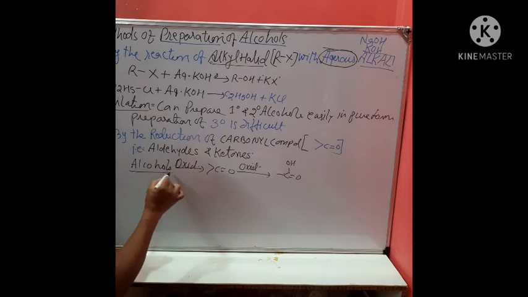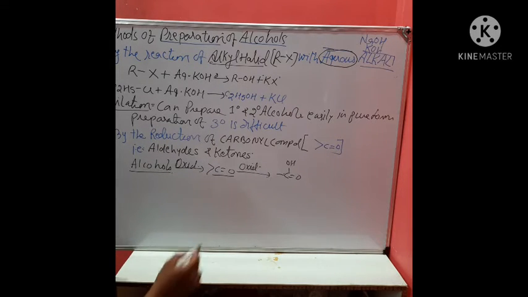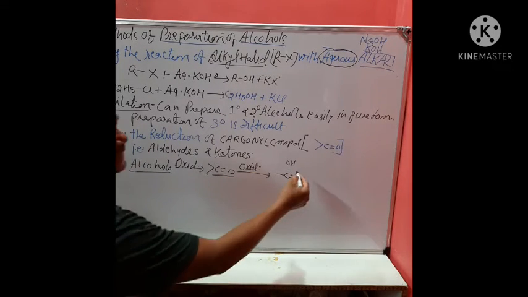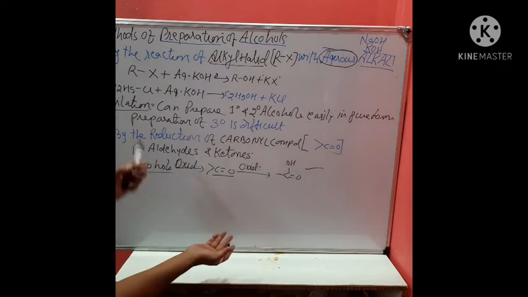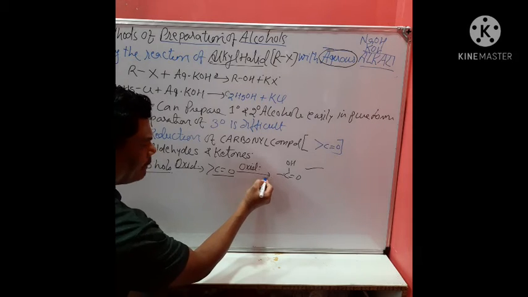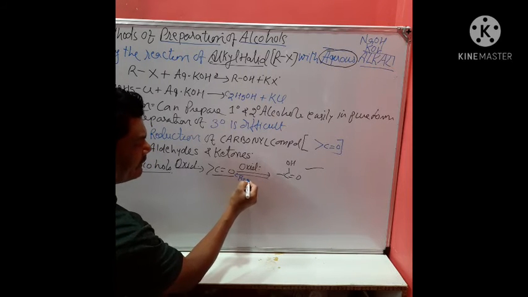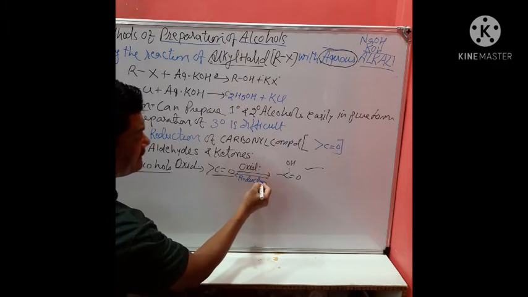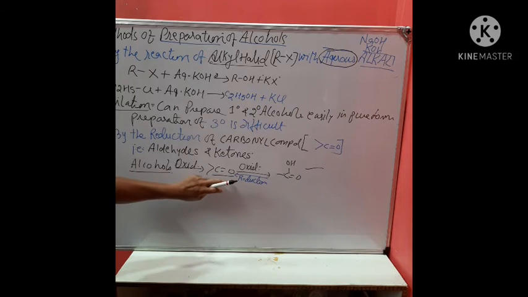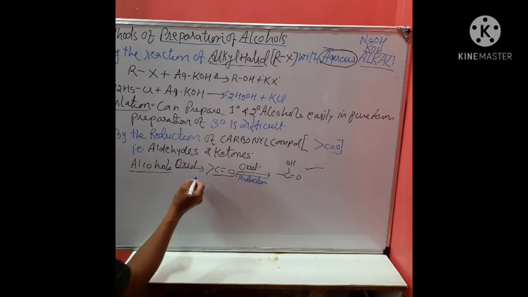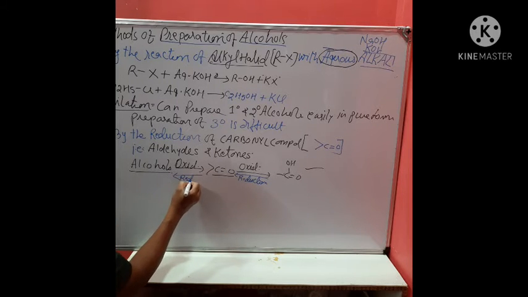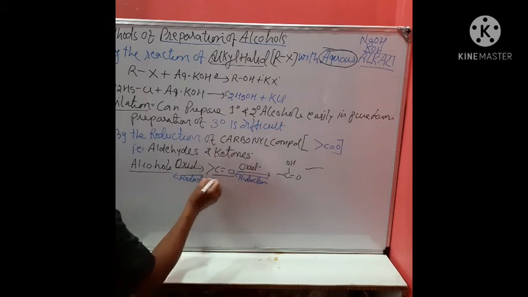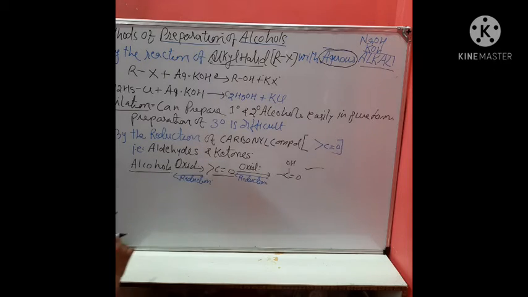Means alcohols convert into aldehydes and ketones, which on further oxidation convert into carboxylic acid. Now if we reverse the reaction, carboxylic acid on reduction can give carbonyl compounds, that is aldehydes or ketones, which on further reduction give alcohols.